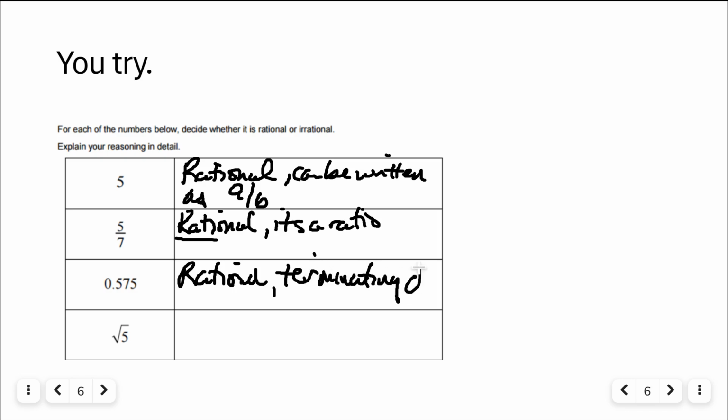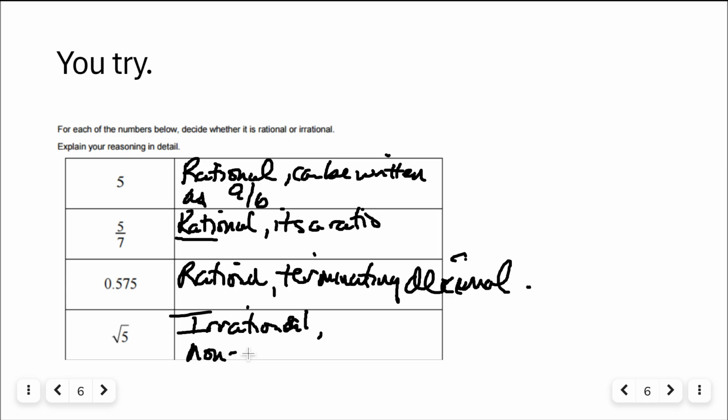It's a terminating decimal. It's a decimal that has an end. 0.575, and it stops. Square root 5, that one's irrational. I don't know what the square root of 5 is. It's a non-repeating, non-terminating decimal.